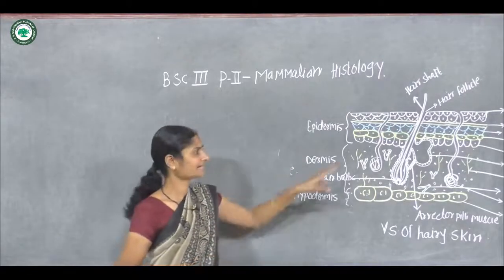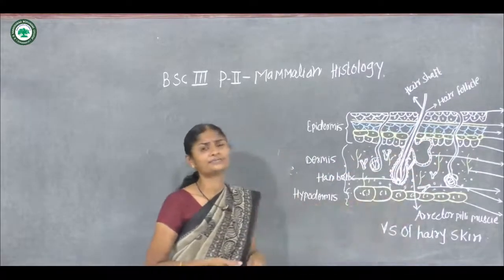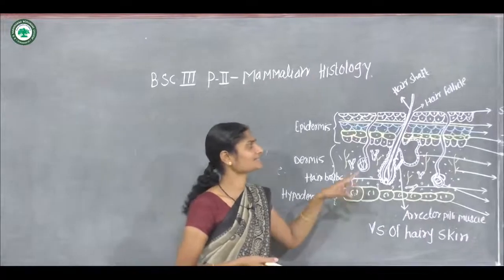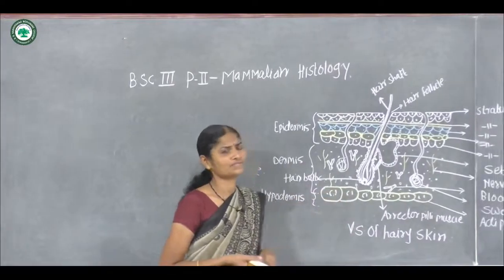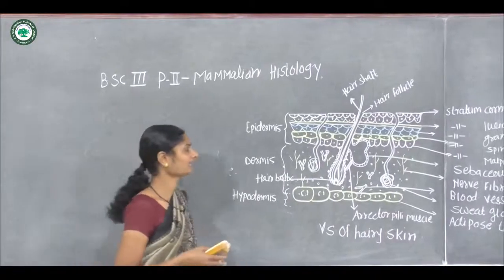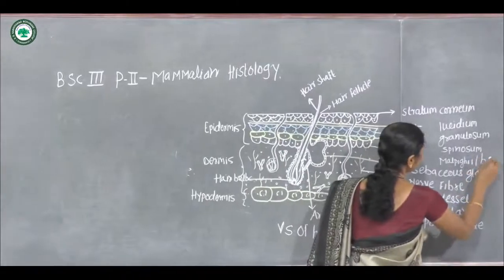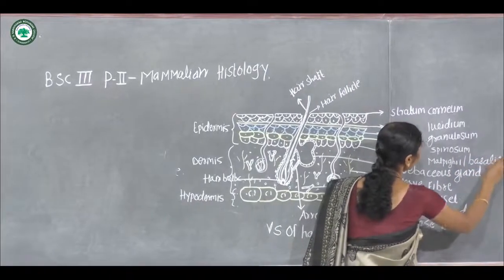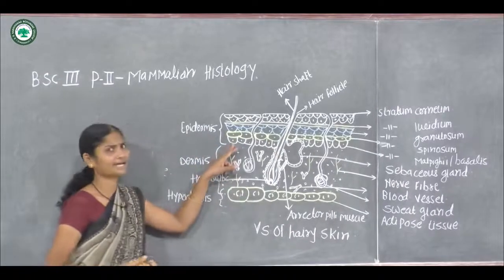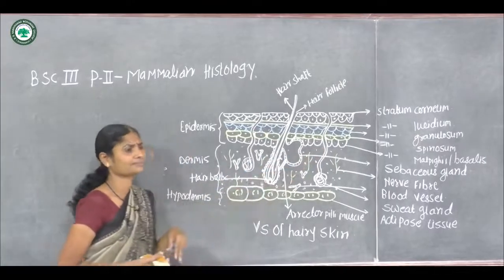These layers are differentiated into strata, so it is called the stratified Malpighi layer. This Malpighi layer is also called the stratum basalis. This layer is present as a single layer.